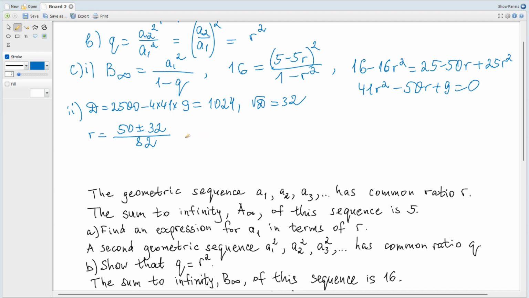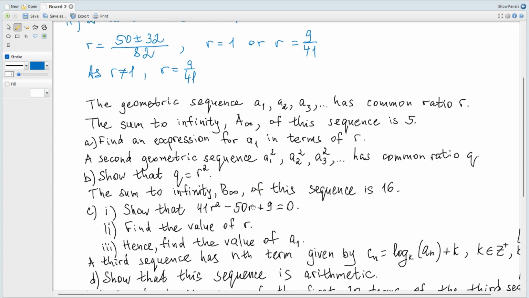So r is 1 or r is 18 over 82, or 9 over 41. It cannot be 1 because it's a common ratio. If it's 1, you get that all terms are equal, which is impossible. It's not a geometric sequence at all. So as r cannot be 1, r is 9 over 41.